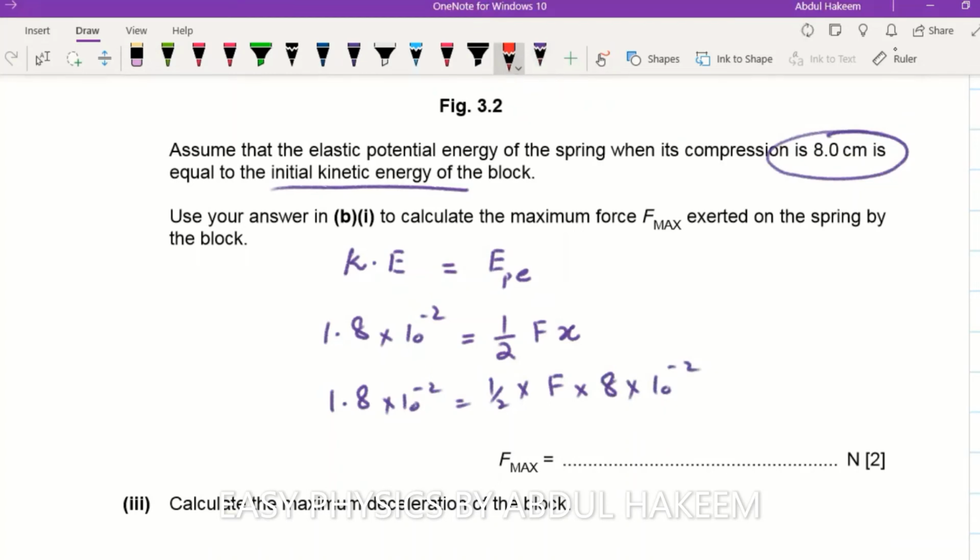So this 10 power minus 2 cancels on both sides, then 1.8 multiplied by 2 divided by 8 is the maximum force, and after calculation this is 0.45 Newton. So you have to mention this.